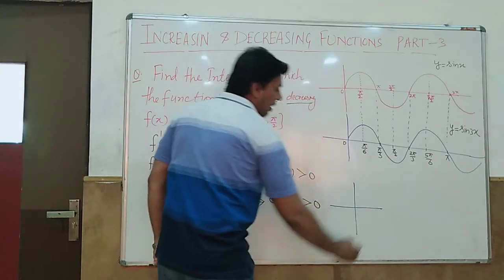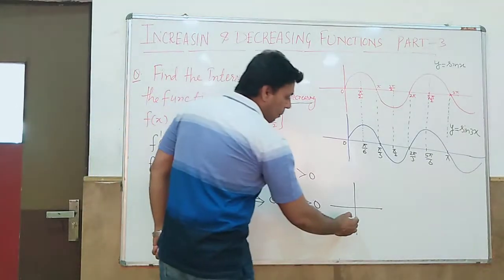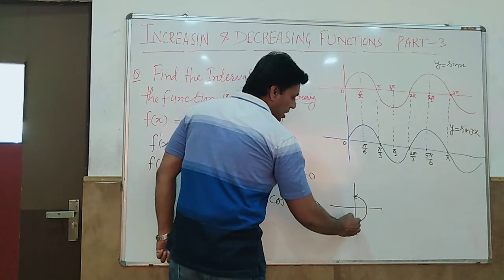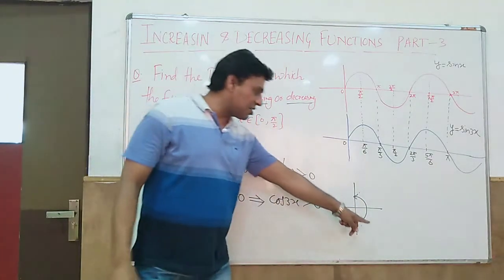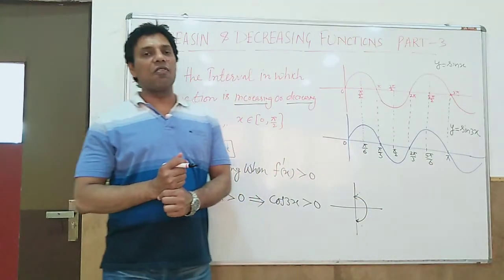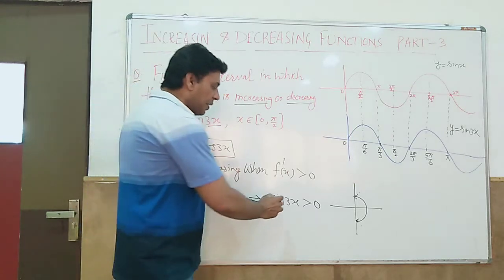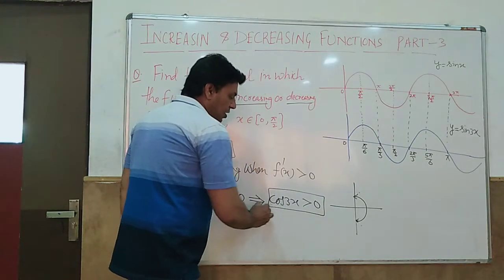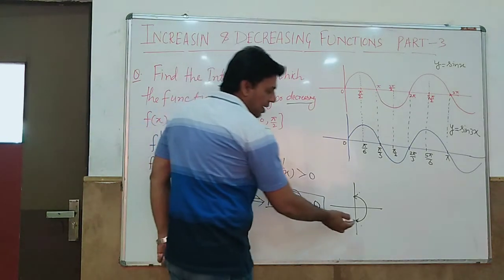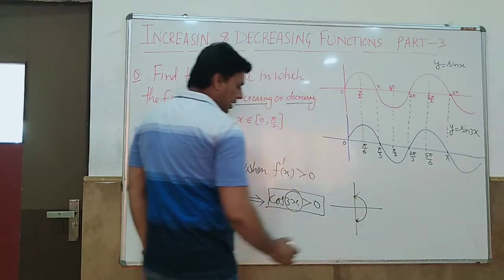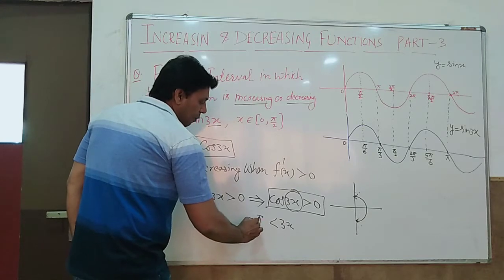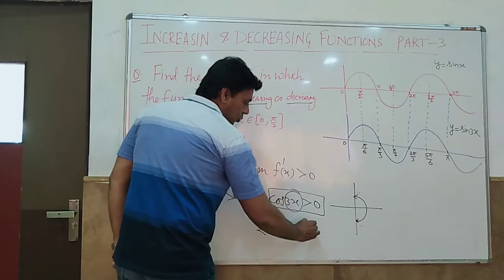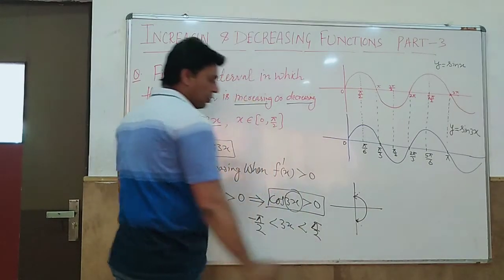Whenever we have a quadrant system, from minus pi by 2 to plus pi by 2, in these two quadrants the value of cos x is positive. It means if cos 3x is positive, 3x must be lying between these two limits, that is, 3x is between minus pi by 2 and plus pi by 2.